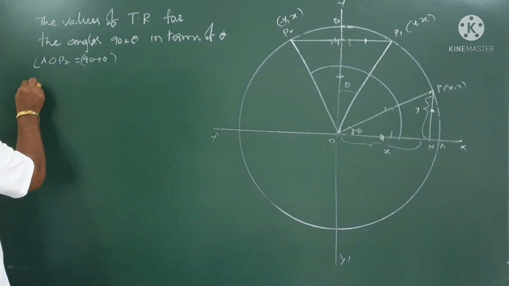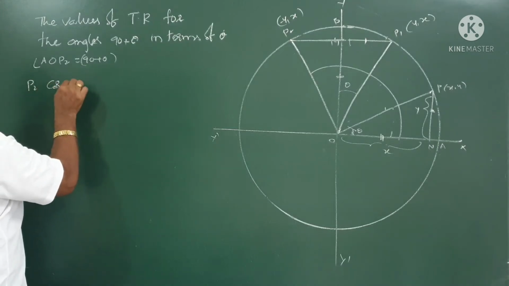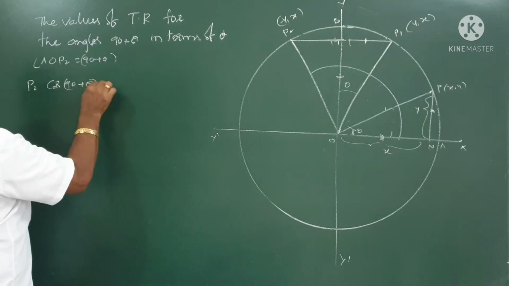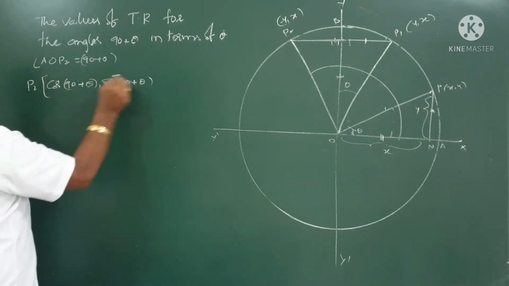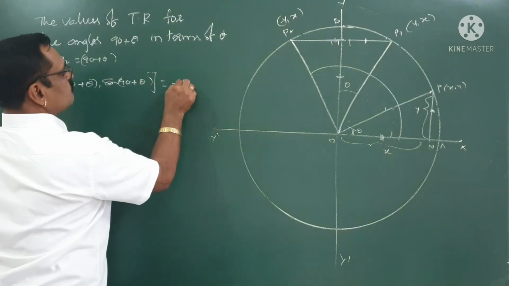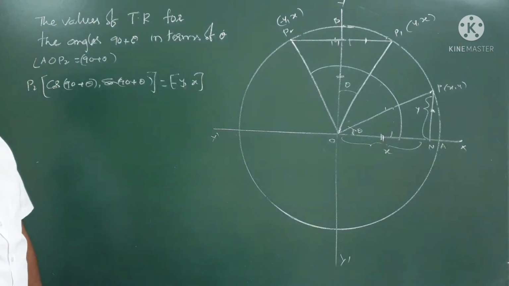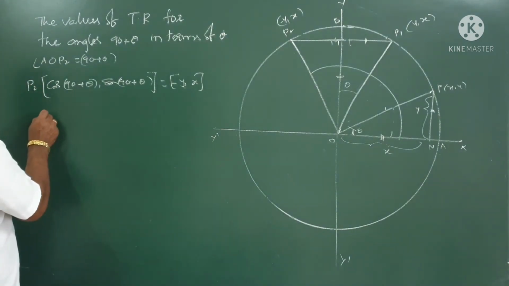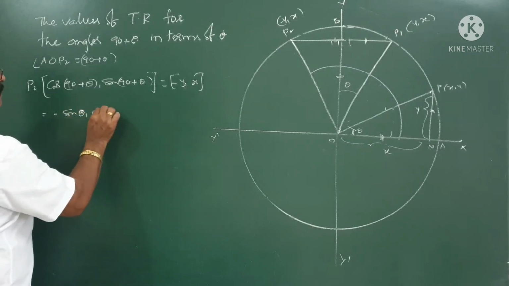Therefore, P2 coordinates are cos of 90 plus theta comma sin of 90 plus theta, which is equal to minus y comma x. But my y is equal to sin theta, x is equal to cos theta, so it is minus sin theta comma cos theta.